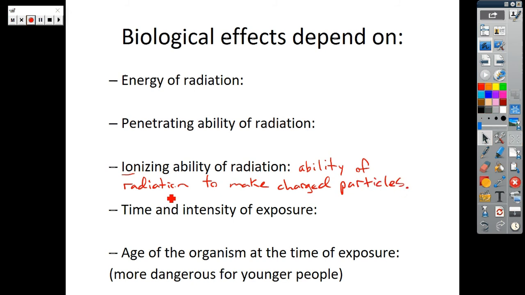And some charged particles may, again, kind of like the energy of the radiation, cause some chemical reactions that can happen in living organisms that would be unnatural. And so that can cause it to be more dangerous.